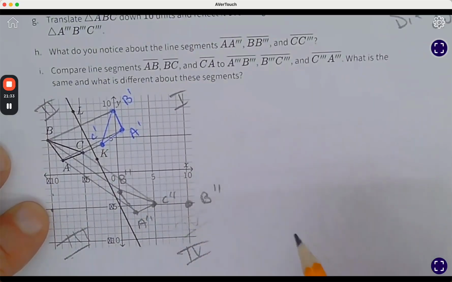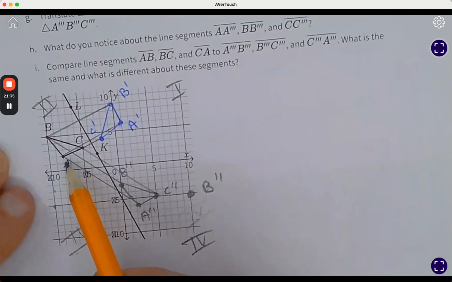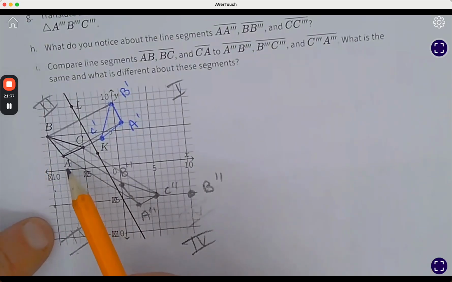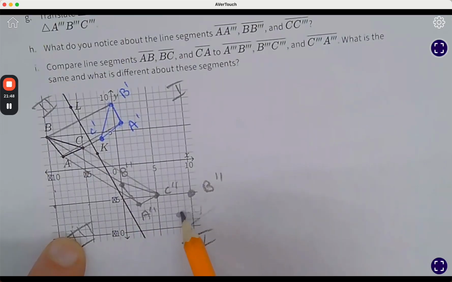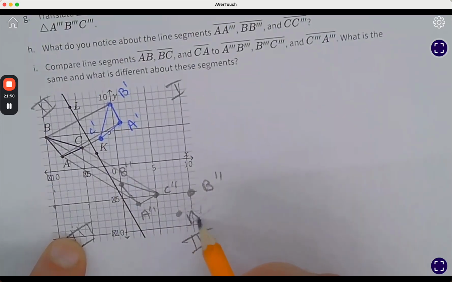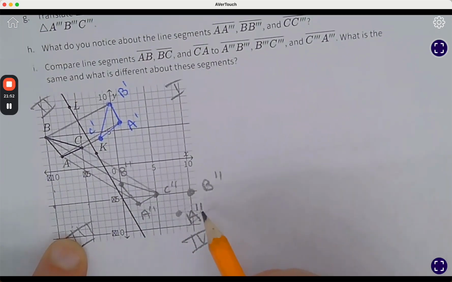So B double prime. I'm going to go down 10, so 5, 10, and now reflect that over the y-axis. So 8 units that way, 8 units that way. That is A triple prime, B triple prime.